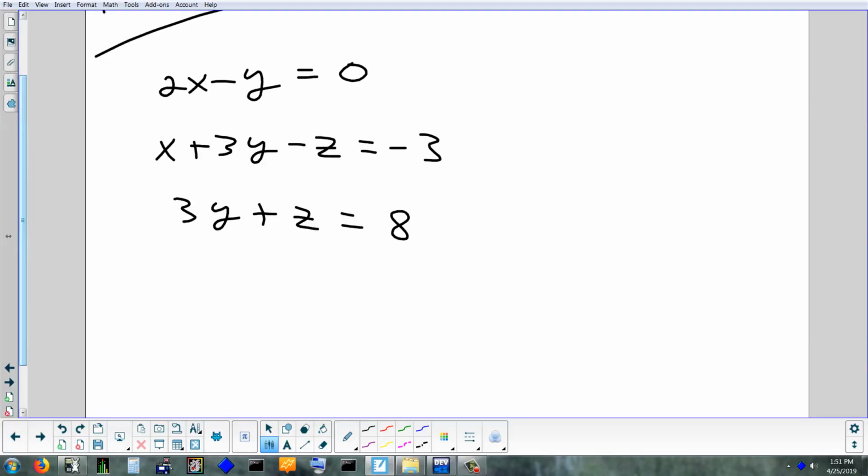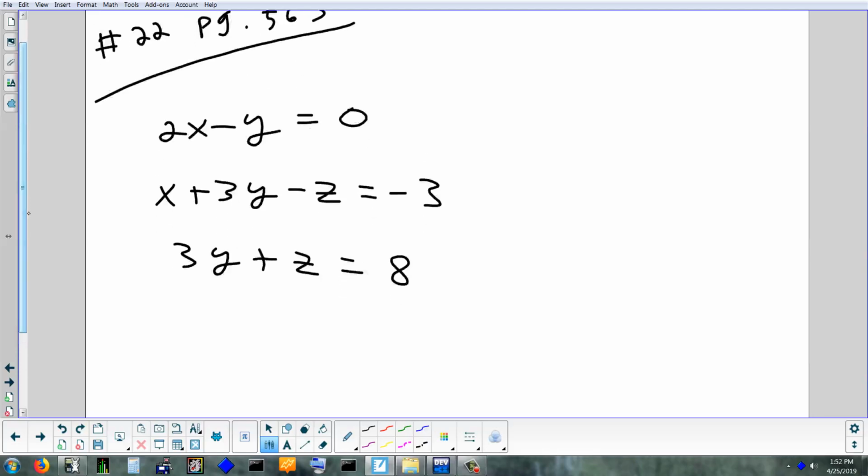To do it this way, is there going to be a time where none of the equations have a 1 for the first variable? Yeah, like this one doesn't have a 1 for the first variable. The easiest way to do that would just be to switch rows 1 and 2. Done. But will there always be an equation that has a 1? With the kind of problems that I'm going to give you, yeah.